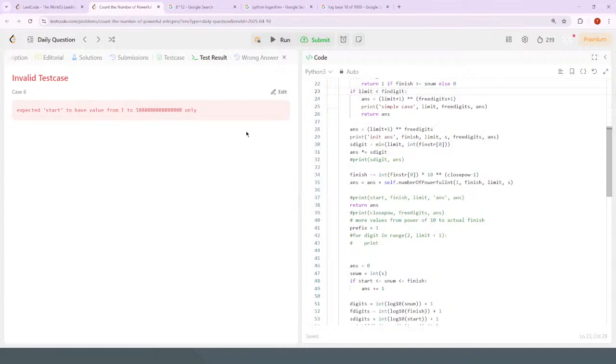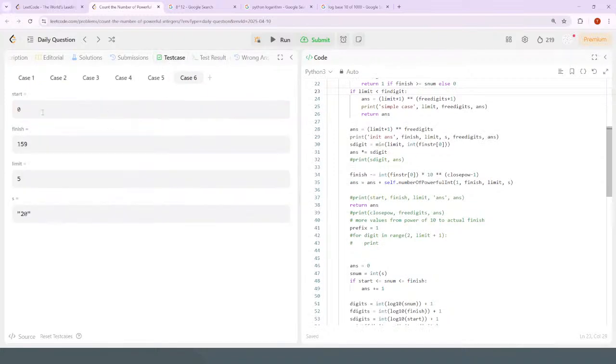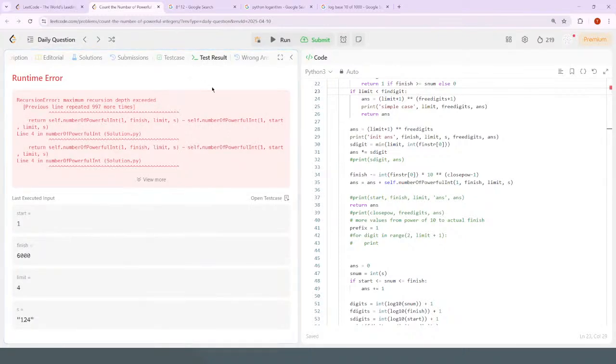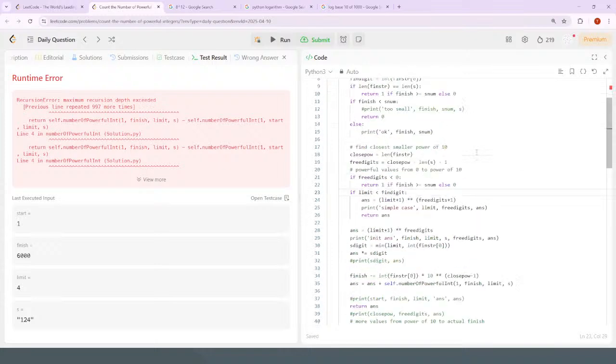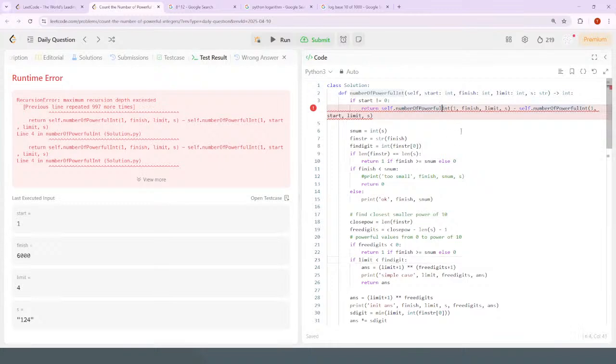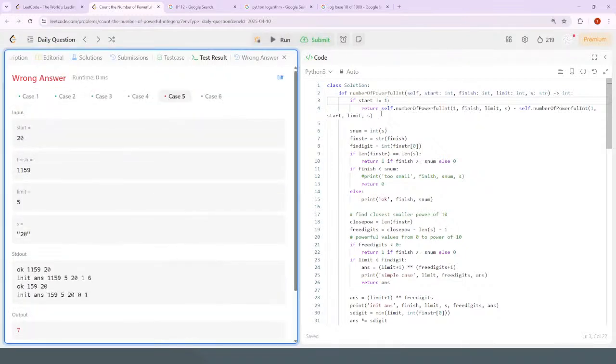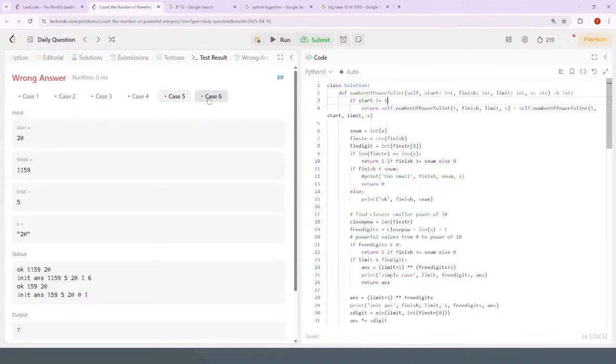Let's go off the rails. Oh, yeah, this should be 1. Alright, it's calling infinite recursion. Not great. So okay, start. Oh, whoops! This should be start not equal to 1. Still off the rails.